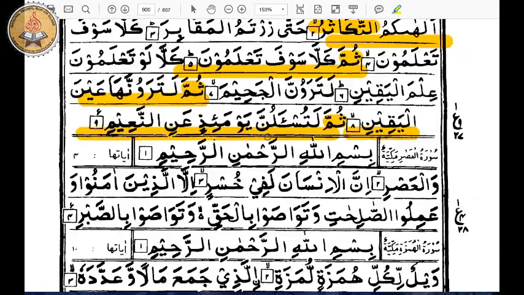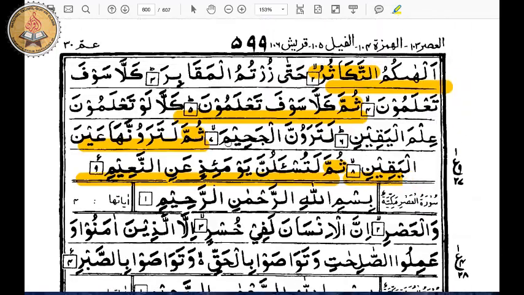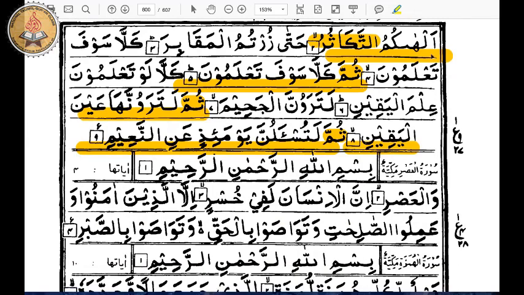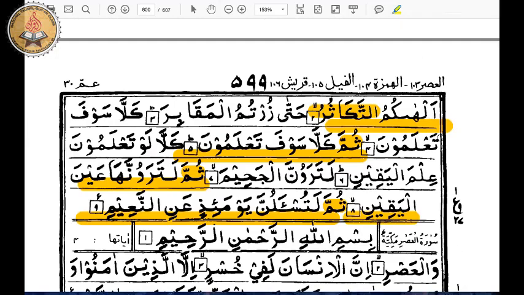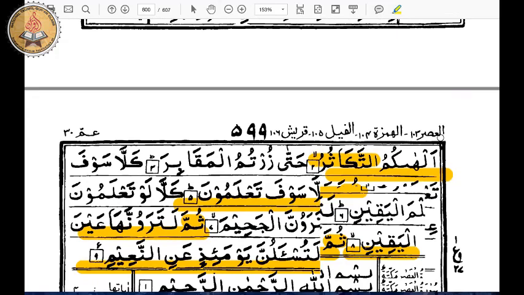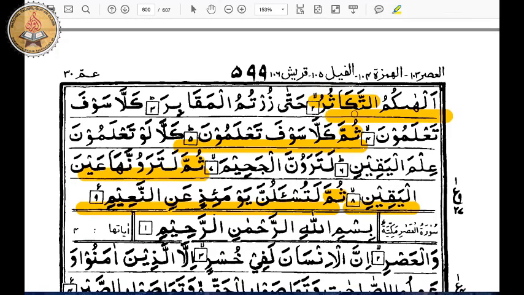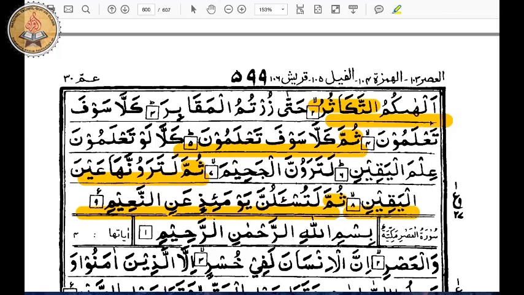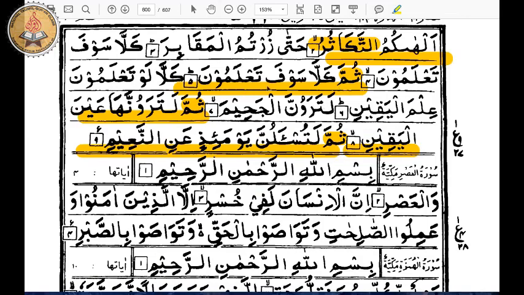Jazakillah. And if you can recite from here, from this Surah over here, At-Takathur. From Alha. Yeah. Okay. Alhaakumut takathur. Very good. And this highlighted verse here.